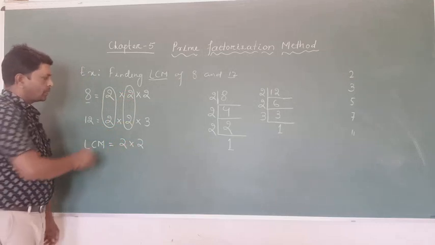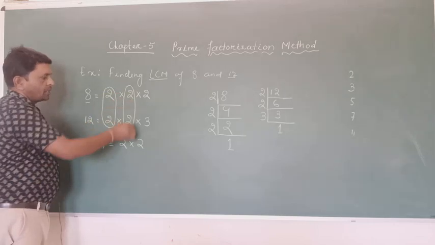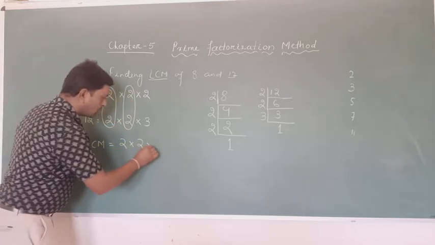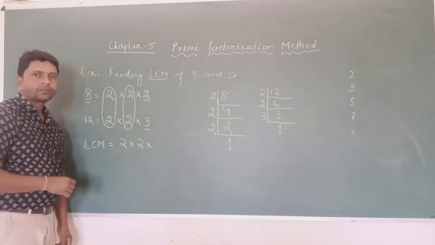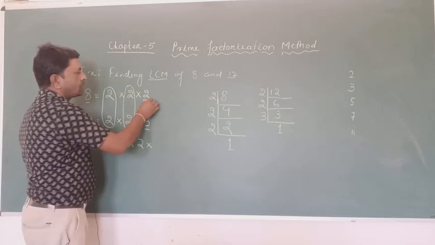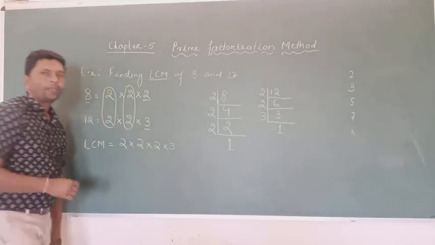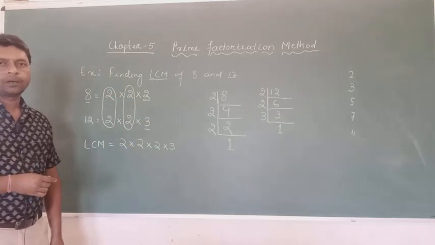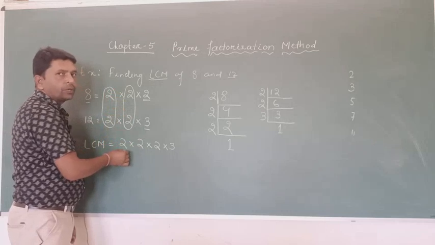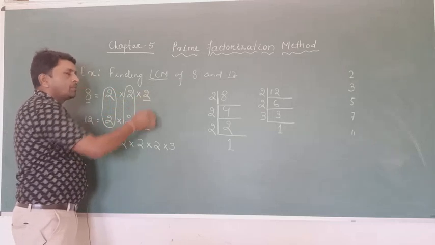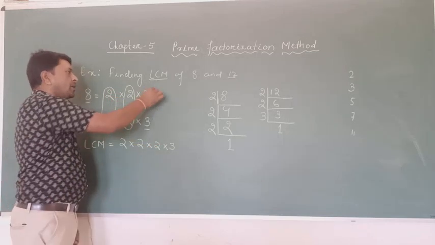From the common 2s, one 2 will be taken, and also we have to take the uncommon numbers. Here 2 is uncommon and 3 is also uncommon. So first take the common numbers, and after that find all the uncommon numbers from here and from here also.